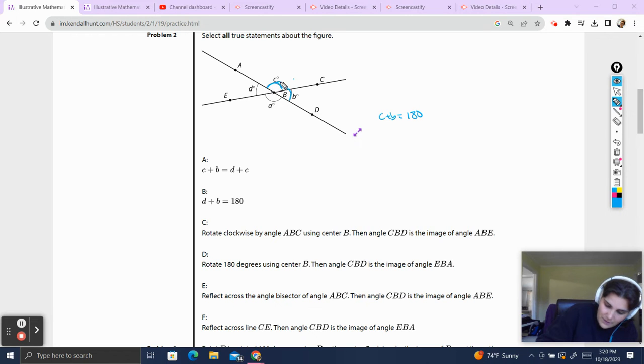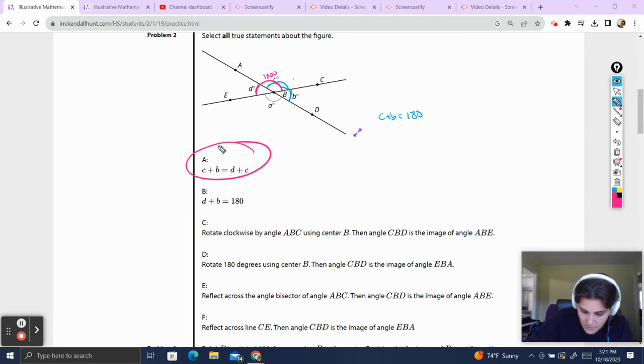And I always think if I can draw a semicircle, the angles that are inside of the semicircle always add up to 180. Is that equal to D plus C? Well, D, let's change colors, is right here, and C is right here. And I see that's also a semicircle, also 180. So they're equal. Yep, it's true.